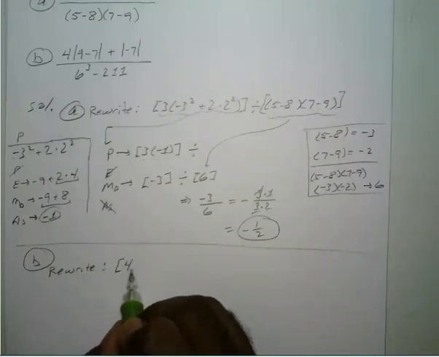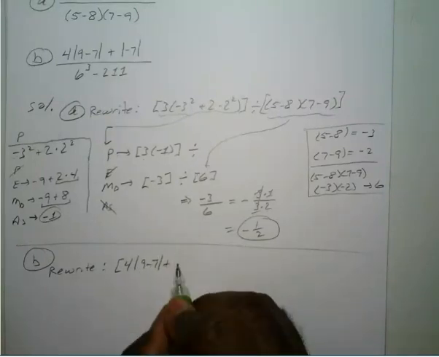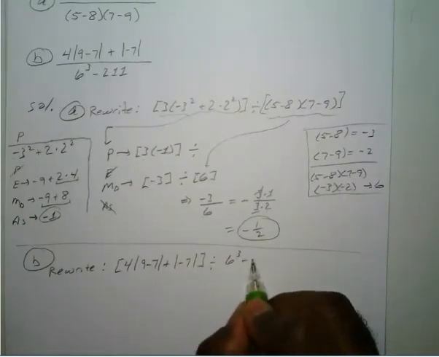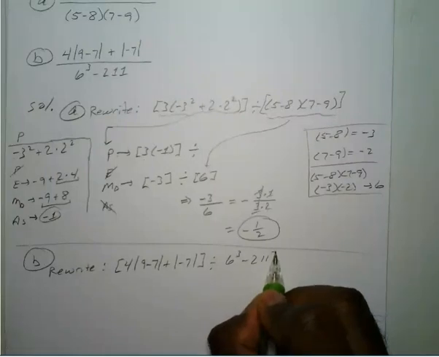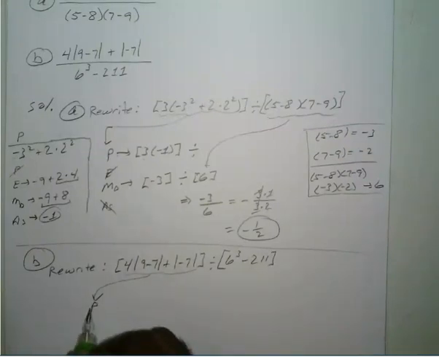So you have 4 times the absolute value of 9 minus 7 plus the absolute value of negative 7 divided by 6 to the third power minus 211. Okay, so again here, we're going to solve that over here. Now inside these brackets, we're going to treat those as our P, our parentheses.